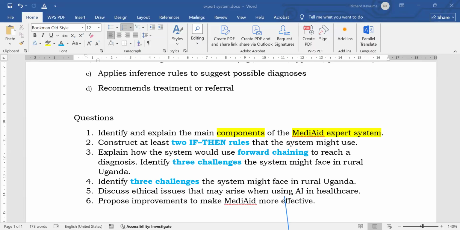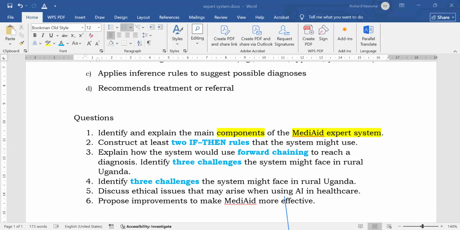What is scaring you now? Which explanation? Who is scared? Aisha, are you scared? Who is saying that he's scared? Better be scared now when we are discussing than being scared when you are facing the exam paper.